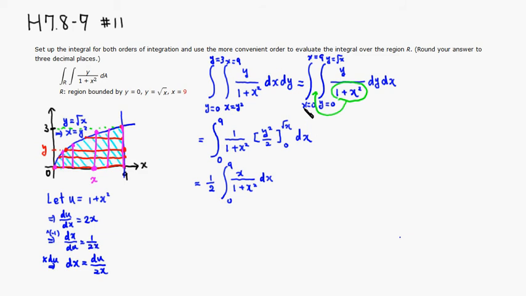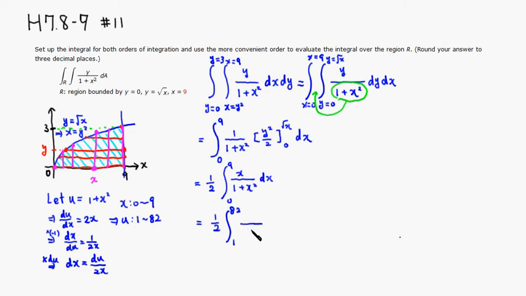The 1/2 is still there. I forgot to change the limits: x goes from 0 to 9, which means u goes from, plugging in 0, 1 plus 0 squared is 1, and plugging in 9, 1 plus 81 is 82. So it's 1 to 82.